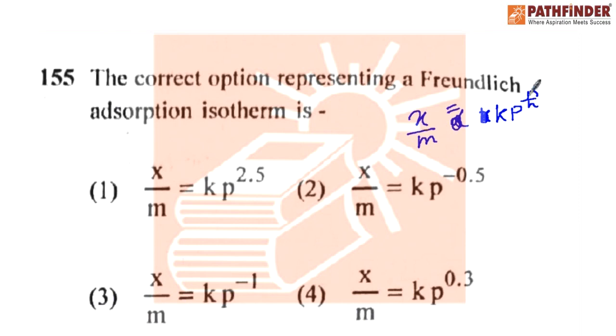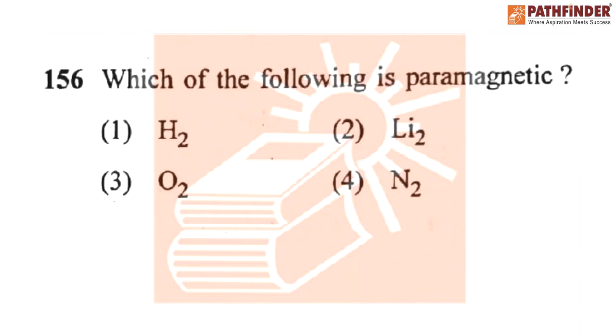So this value of 1 by n actually lies between 0 and 1. So see, here it is 2.5, it cannot be the answer. Here it is minus 0.5, minus cannot be the answer. Here also minus cannot be, here 0.3. So it is lying between 0 and 1. So option 4 is our correct option. Let's move on to the next question.